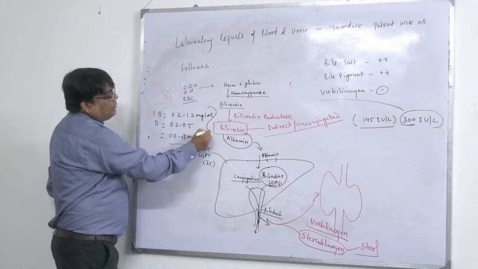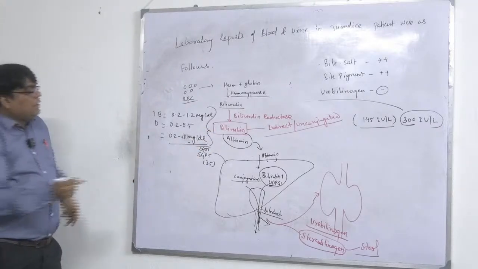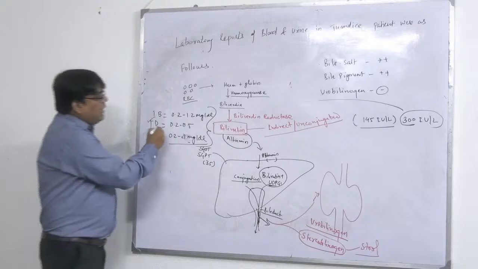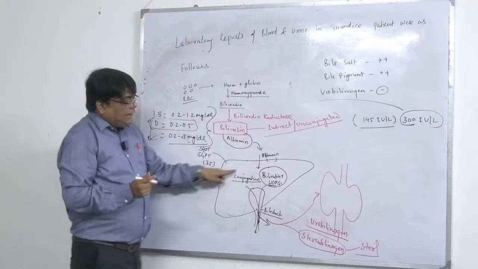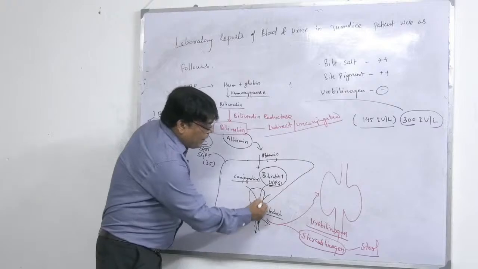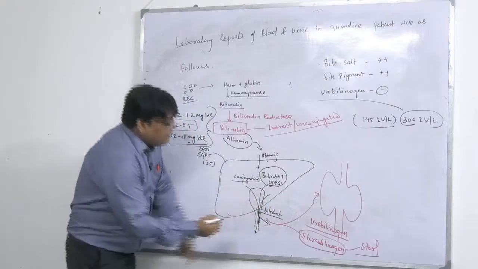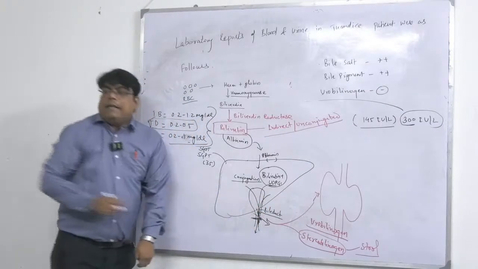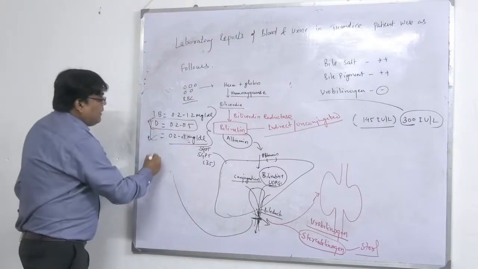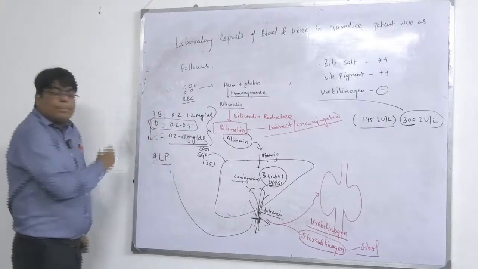So these are the ranges of bilirubin. In this case, both direct and indirect bilirubin increase, but direct increases in a higher amount. That means conjugation is happening here, but it is not properly passed from the liver because there is obstruction in the bile duct, and due to this the ALP, alkaline phosphatase, level is also high.